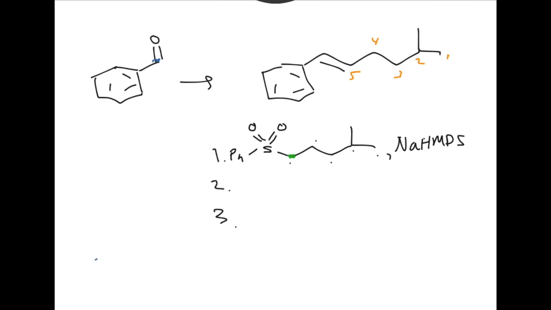So we're going to get something that looks like this. So upside down, 1, 2, 3, 4, 5. Wait, no, one too many carbons. 1, 2, 3, 4, 5. So the methyl group is here. So that's what we get after step 1. So what do we need to do for step 2?